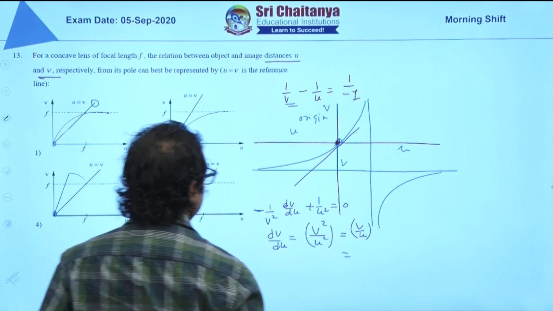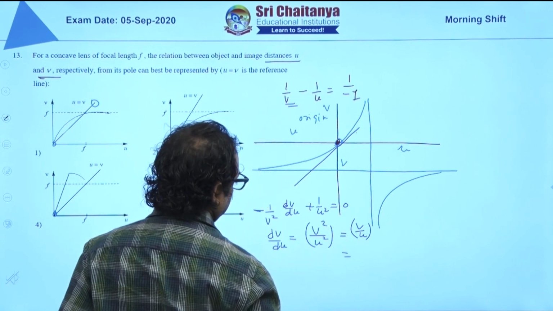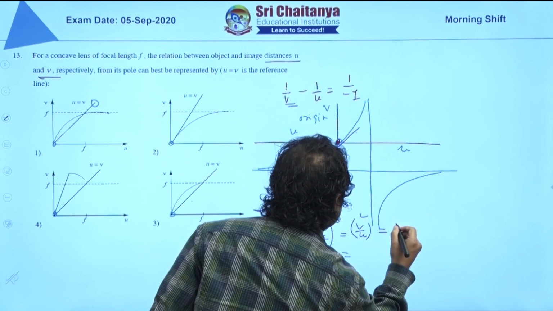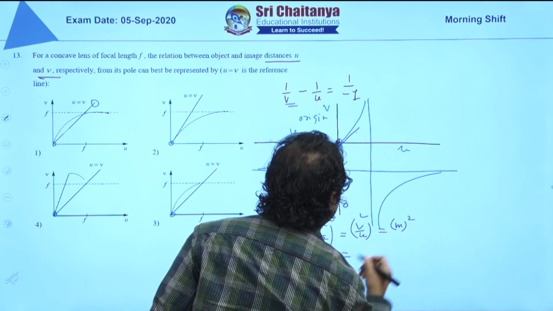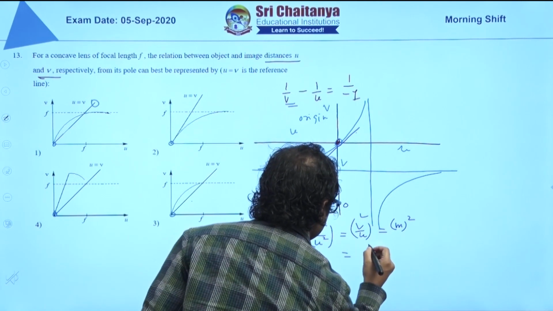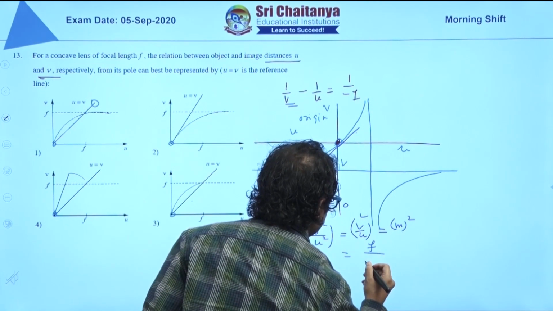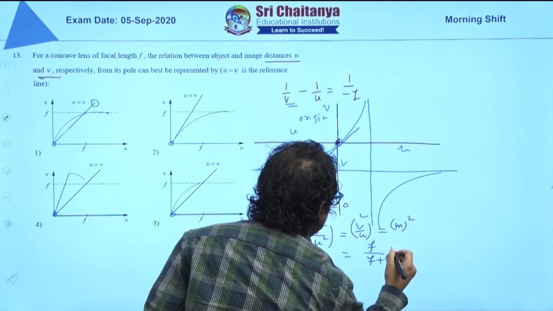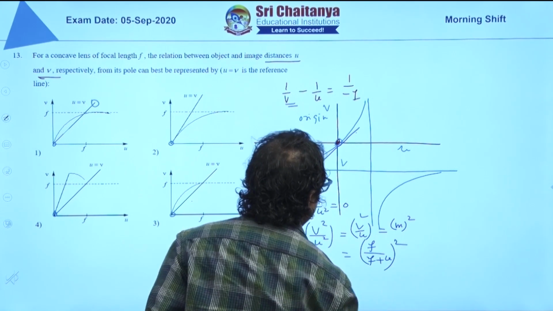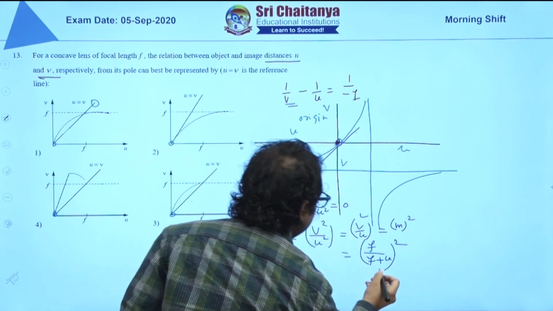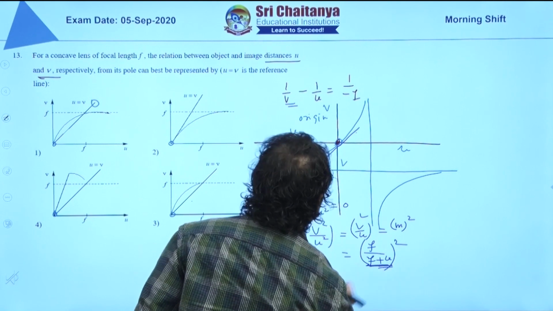This is your magnification square, which we can write as f upon f plus u whole square. So for any other point, the slope is less than 1.